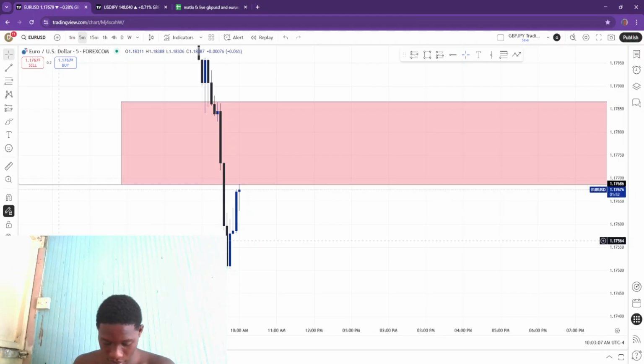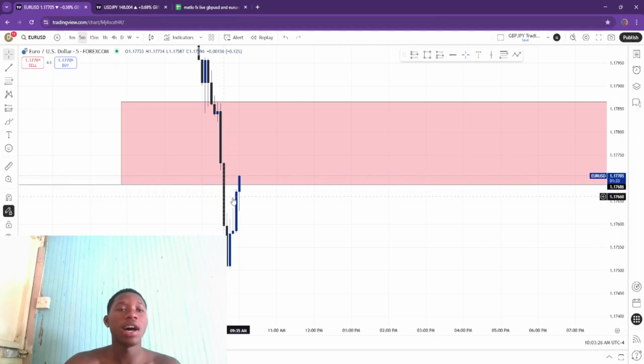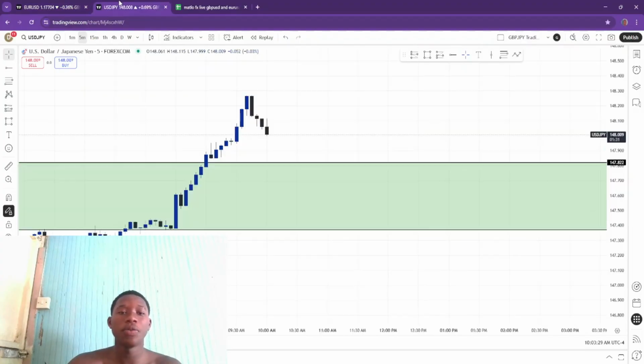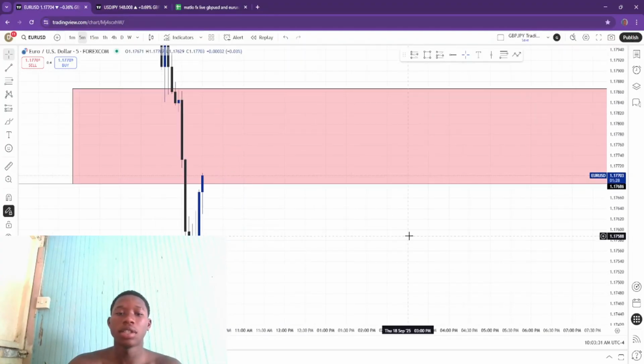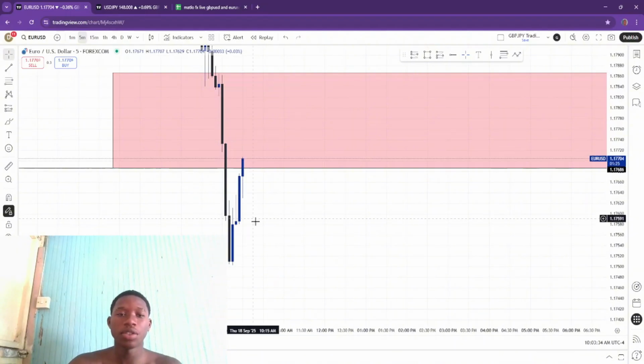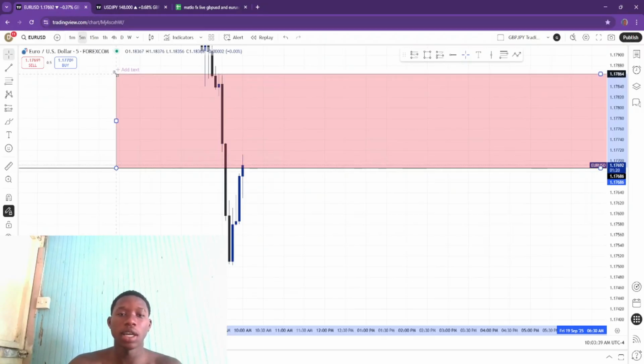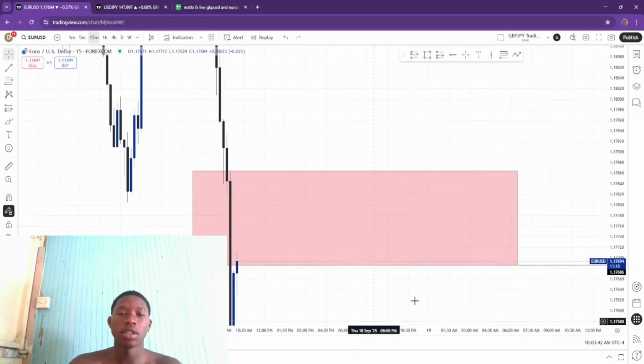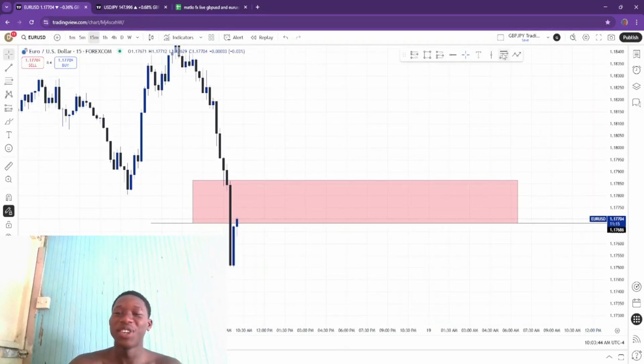Price is currently above the halfway point on Euro USD, where we're going to look for potential sell trades. We want price to create a liquidity point because on the 5 minute, the next liquidity point is that swing high. Oh, we marked the equilibrium on the wrong time frame.